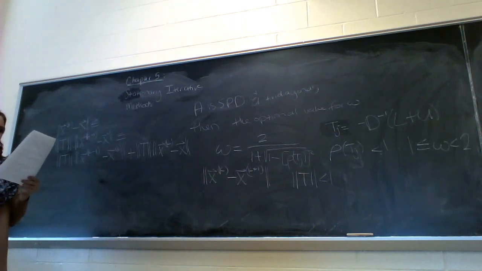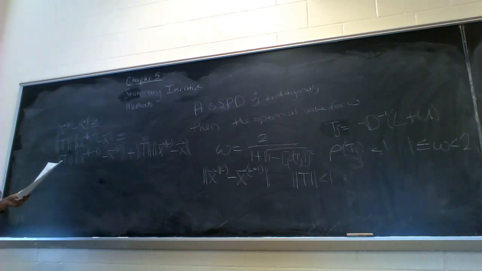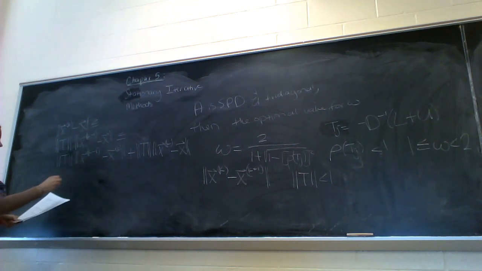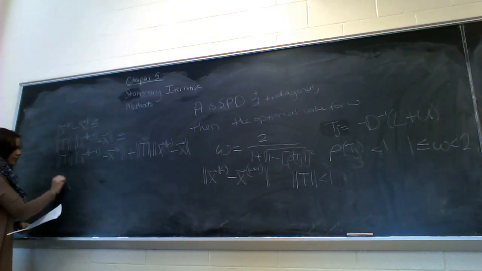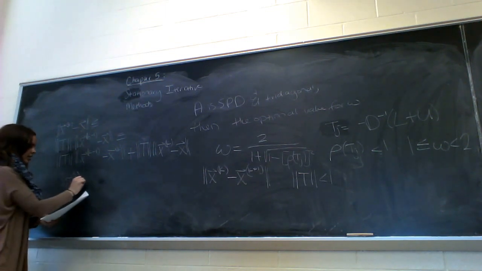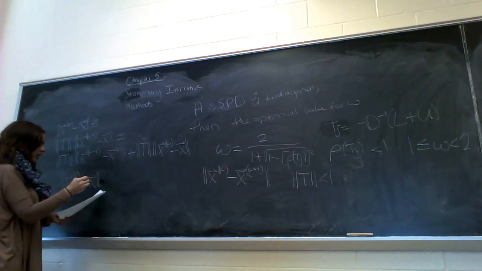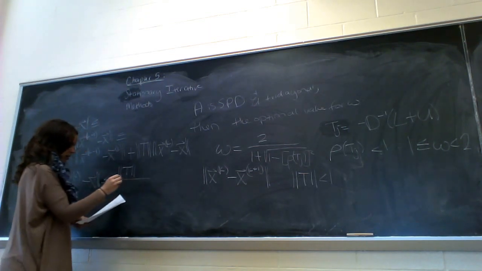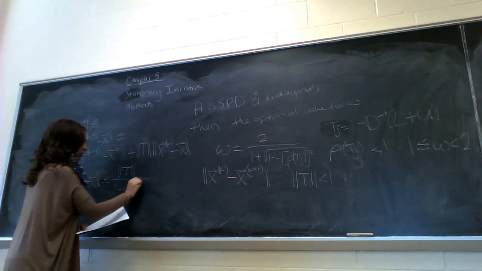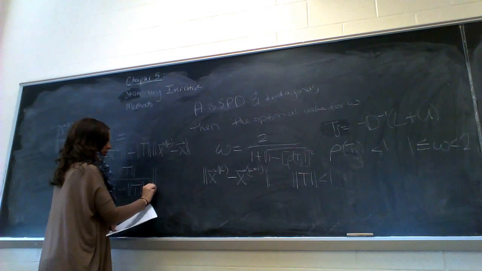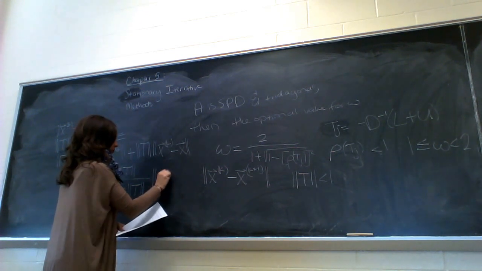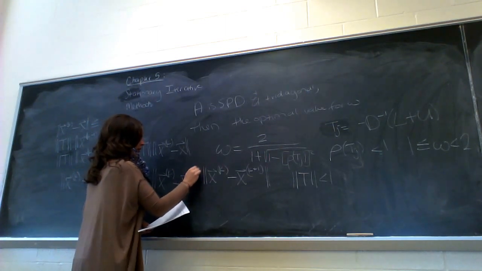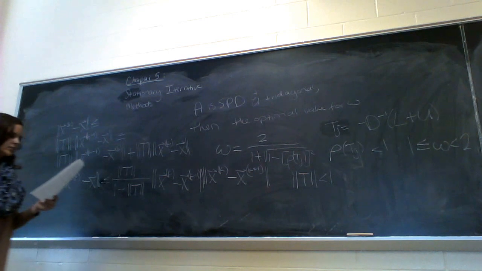So what we're looking at here is the error estimate, or checking this convergence. So this is going to yield the estimate: the norm of xk minus x is less than or equal to the norm of T over 1 minus the norm of T times the norm of xk minus xk minus 1.